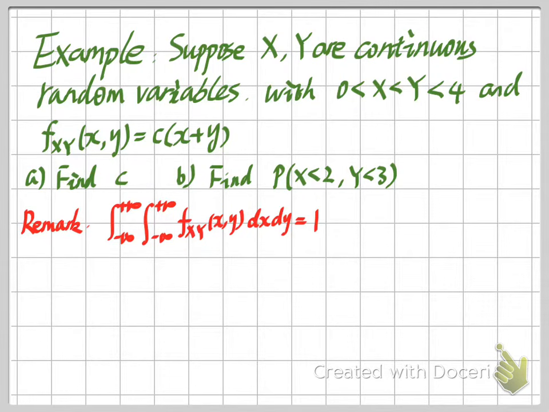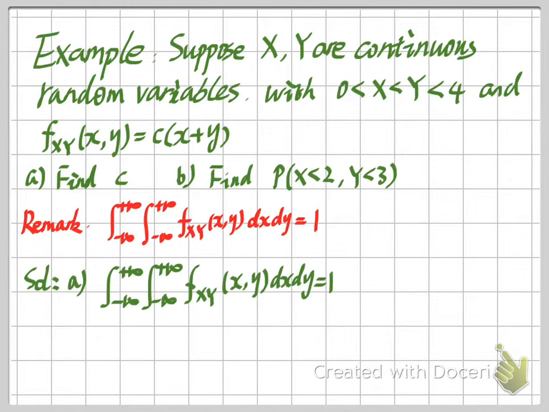Let me write down this first part. To find this constant c, the first thing is we need to plug in our f sub xy into the equation. The other thing is that for our region, x and y should be between 0 and 4, and also x is smaller than y.